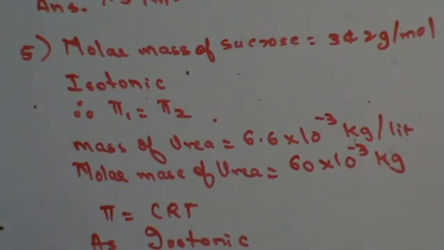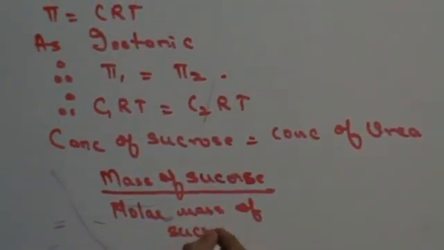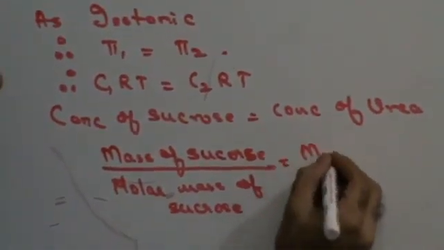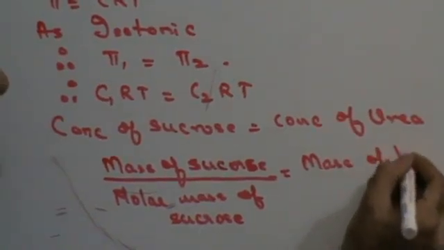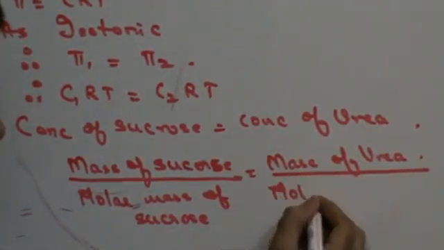Concentration is nothing but weight upon molecular weight. That means this is going to be nothing but mass of sucrose upon molar mass of sucrose should be equal to mass of urea upon molar mass of urea.